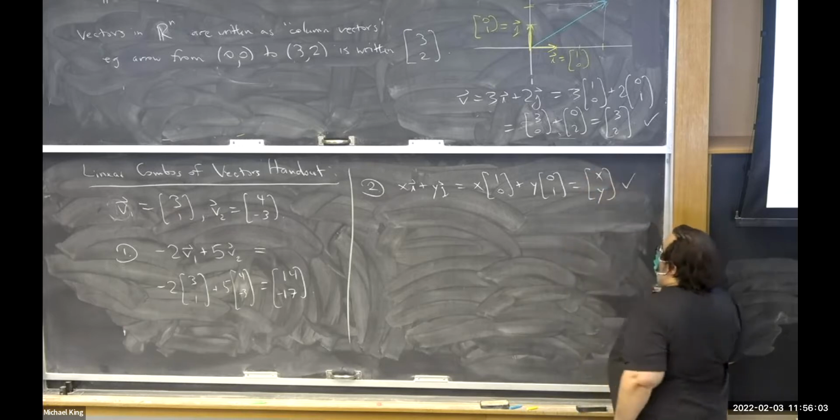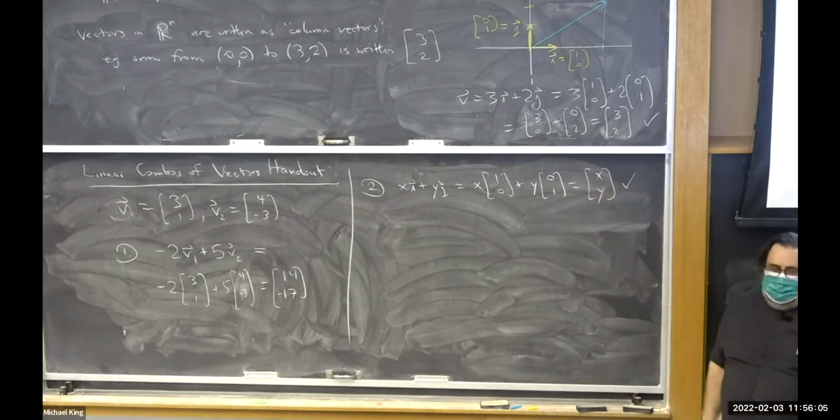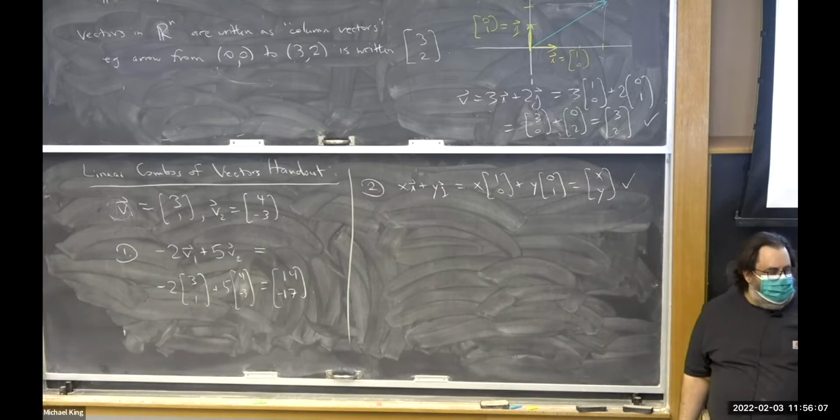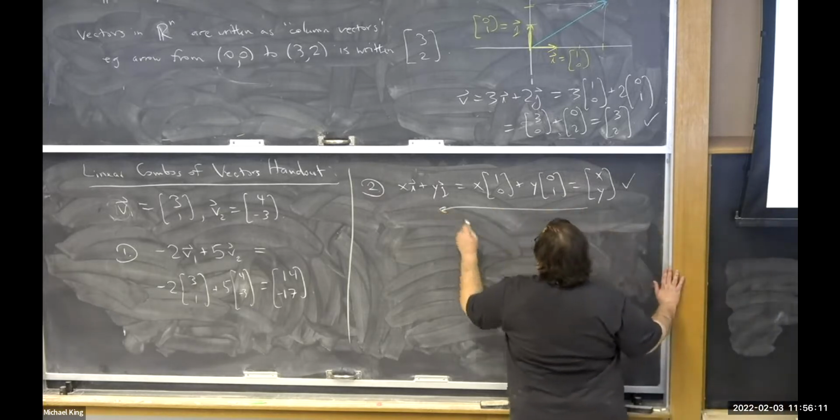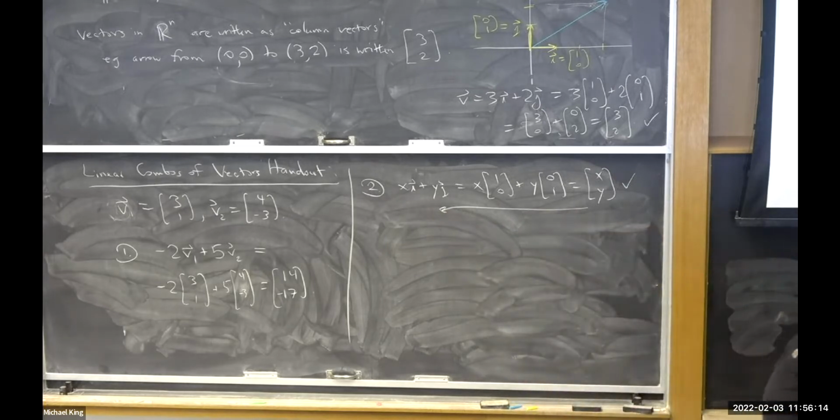So starting with any x and y, we can write it as a combination of i and j. That's what it means when I say every vector can be written as a linear combination of two special vectors, and the two special vectors here are i and j. You're totally used to that, just in the xy plane, going parallel to the x-axis and parallel to the y-axis. That's not controversial.